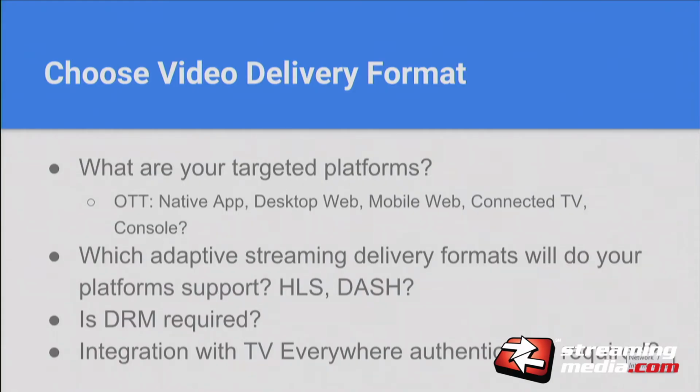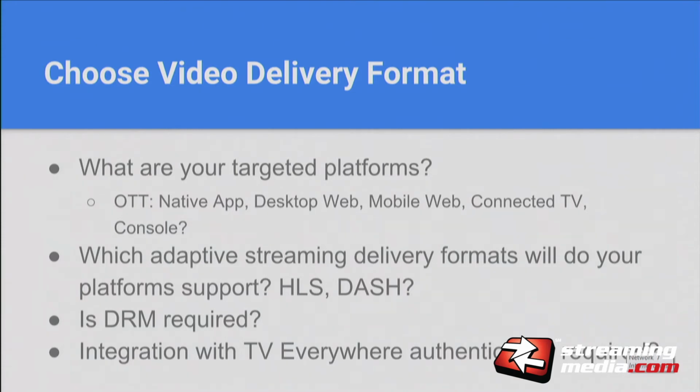So your SSAI checklist. Whether you choose a build versus buy strategy, I put together a checklist of questions that you can ask yourself when you're going to either build this yourself or you're going to evaluate or buy something like this. So first, this is probably the most important, is to choose your video delivery format. What are your targeted platforms?